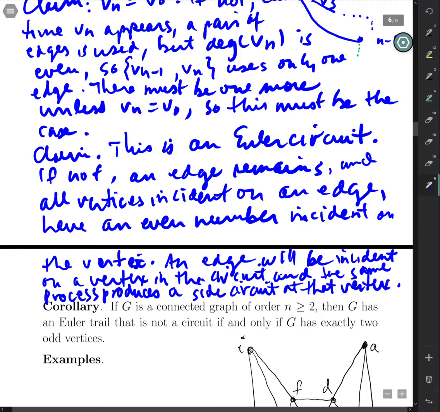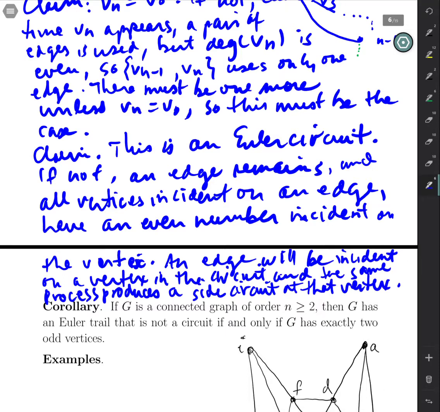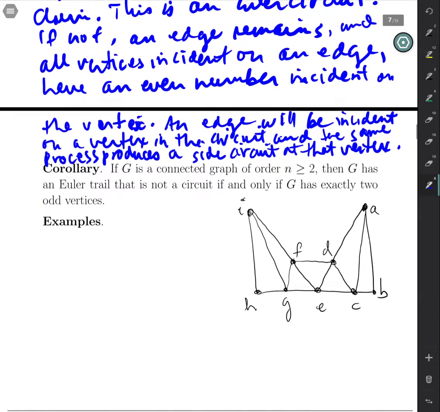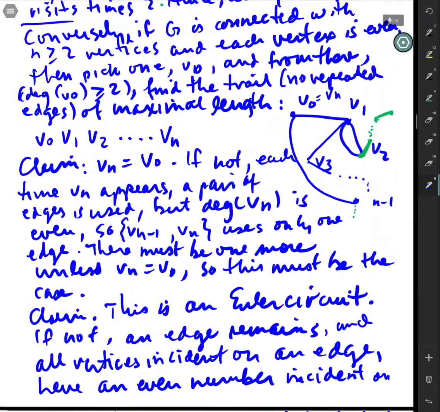I'm going to run into this next bit here, so what I'll do is draw the picture of what's going on here now. So if an edge remains, maybe I'll just go back up and do it here.